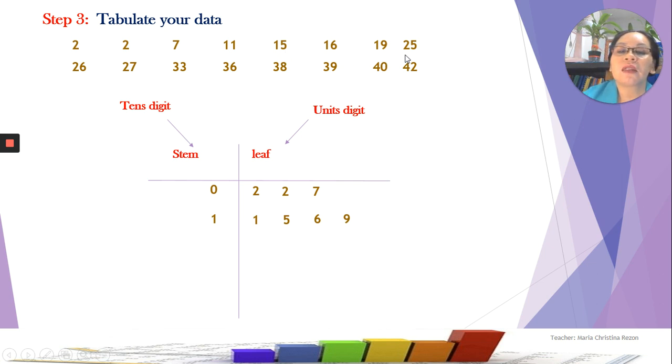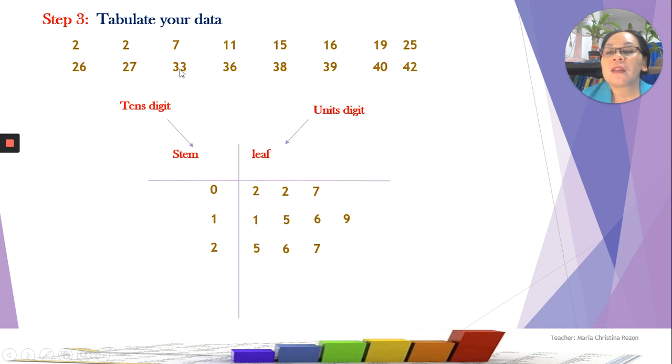And then 25, 26, 27. So you'll have tens digit is 2. And then that should follow there, okay? So I hope you understand where we get 5, 6, and 7. And that is from 25, 26, 27. And then you have 33, 36, 38, 39.